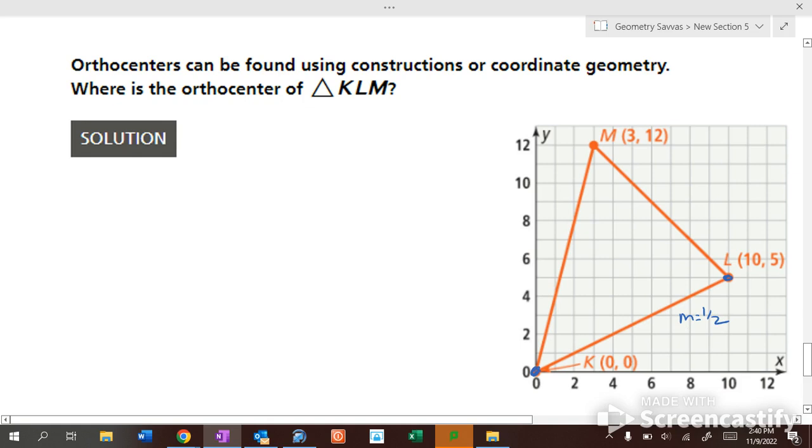So what's my altitude slope going to be? So it's 2/1, and then it's going to be negative. So I have to go from this point down 2, to the right 1, down 2, to the right 1, and so on.